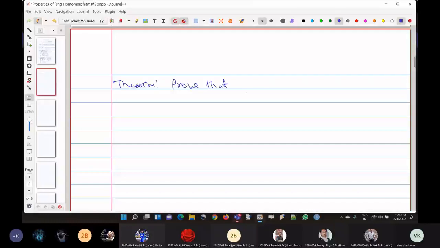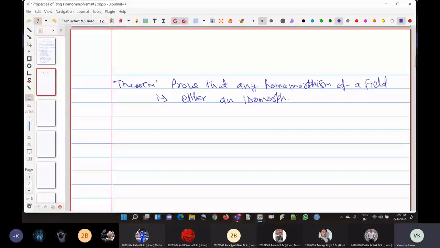Prove that any homomorphism of a field is either an isomorphism or takes each element into 0.